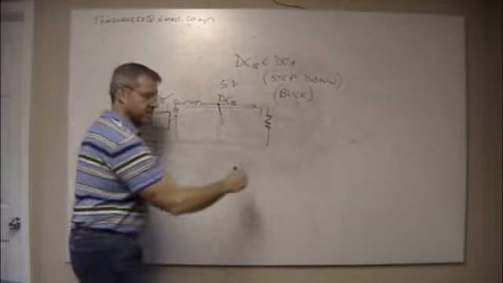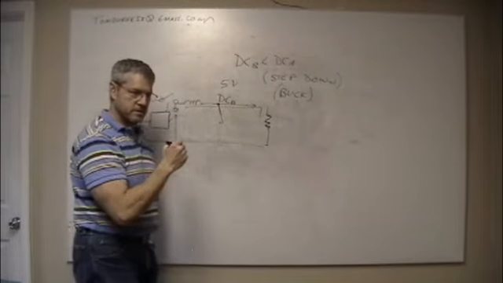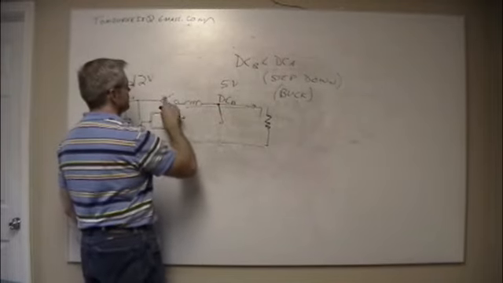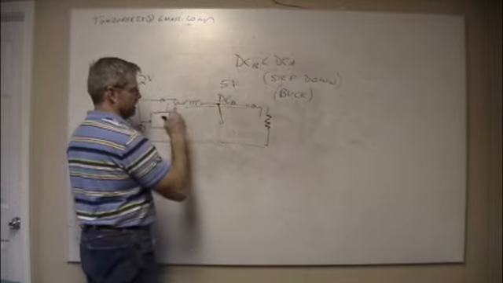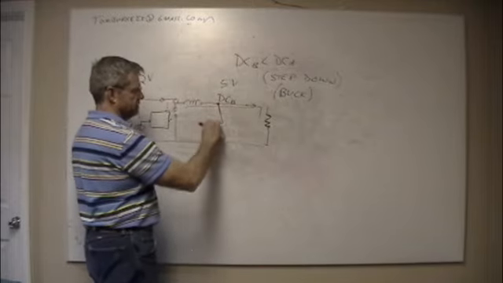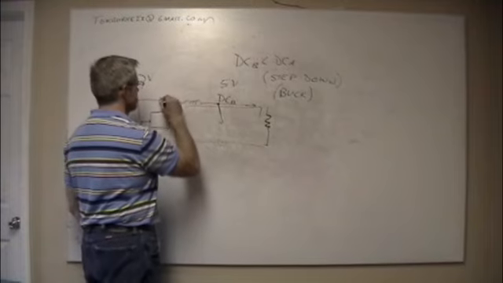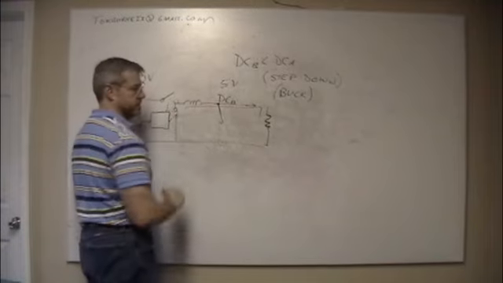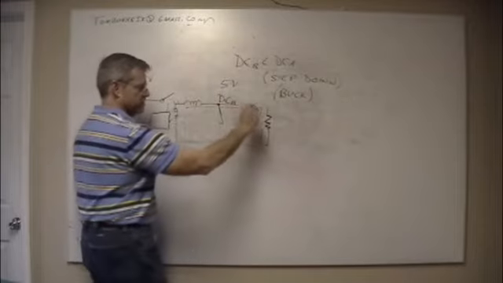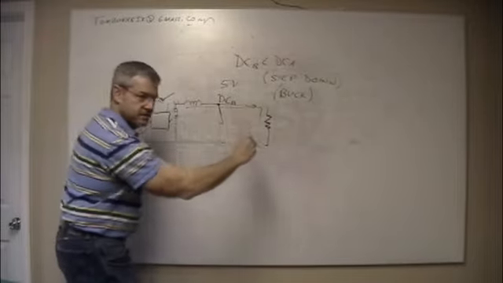So this inductor wants to keep current moving, right? So I open this switch, I close this switch. 4 volts, 4.5 volts, 4 3/4 volts, 5 volts. Close him. Inductor wants to keep that current flowing, right?